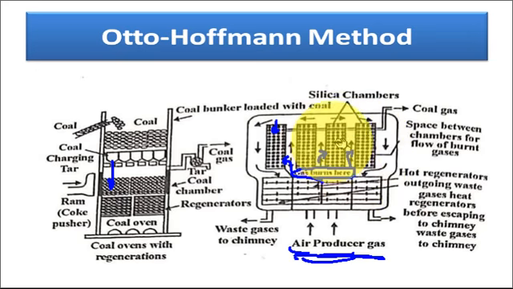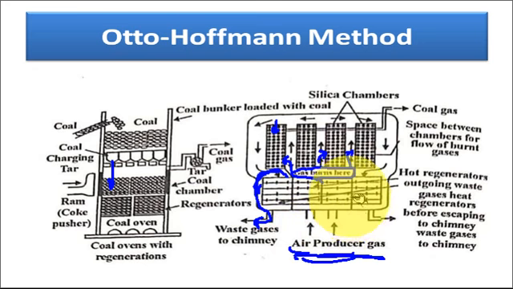Now, the silica chambers start to heat up, and the waste gases released by the combustion of this producer gas come towards this side. When the gases come towards the exit pathway, they give their energy to these checker bricks, which absorb the energy of the waste gases.